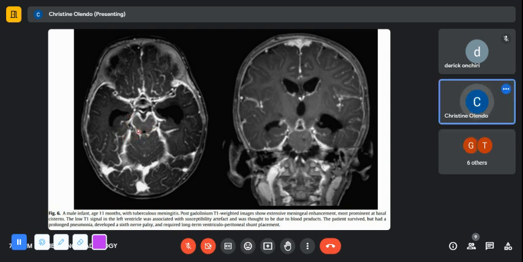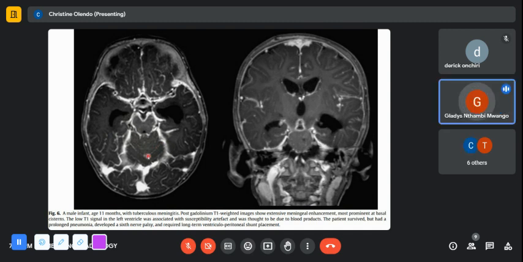This is at the level of the basal cisterns, right. But what were you drawing out? It's actually the tentorium, isn't it? The tentorial notch. So you can see the folia there. So that's the tentorium, and it's enhancing, isn't it? Yes. So here we have also pachymeningeal enhancement.